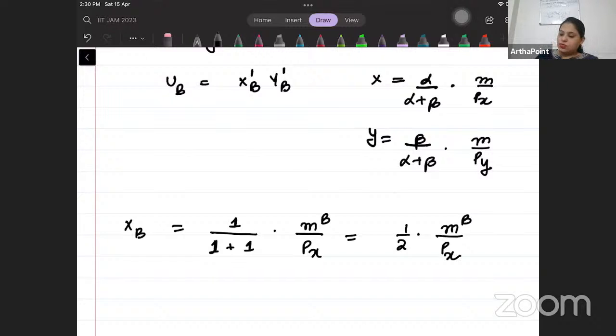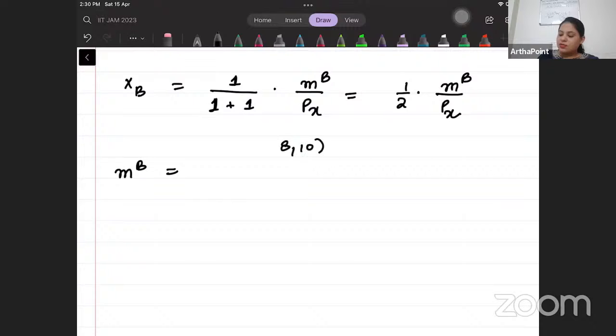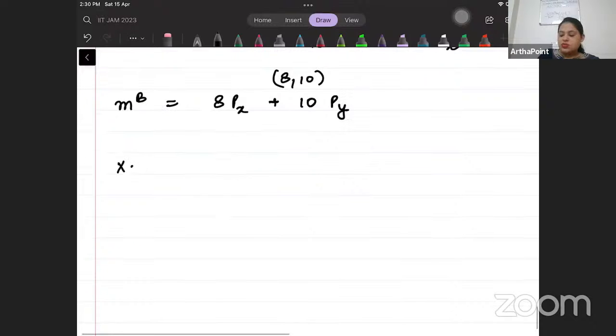Now, income of individual B is given by the endowment bundle only. His endowment bundle was 8,10, so it will be 8 px plus 10 py. So how much x will he consume?